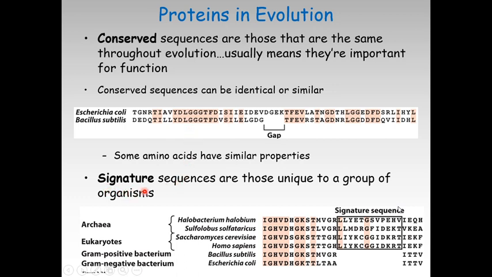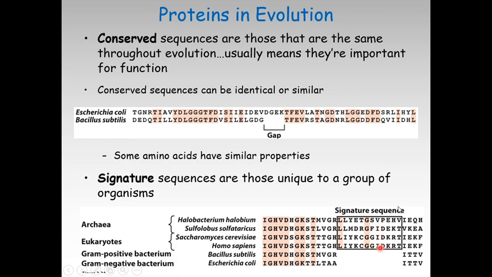Another property is signature sequences. Signature sequences are those unique to a group of organisms. In this case, the signature sequence shown here in this box is a 12 residue insertion near the amino terminus of the sequence shown here. Now, the signature sequence, as you can see, has identity and conservation, and some of these amino acids are similar.